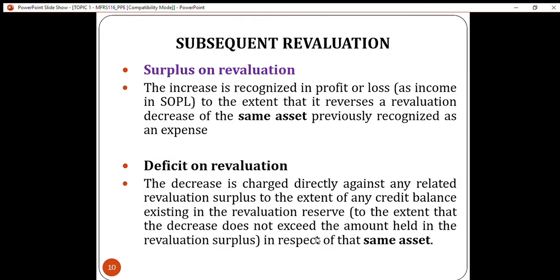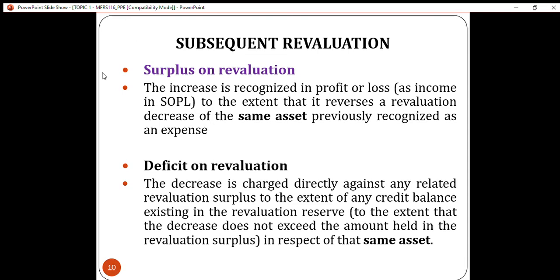Next, this one is for subsequent revaluation. When there is a surplus on revaluation, the increase is recognized in profit or loss as income in SOPOL to the extent that it reverses a revaluation decrease of the same asset previously recognized as expense.